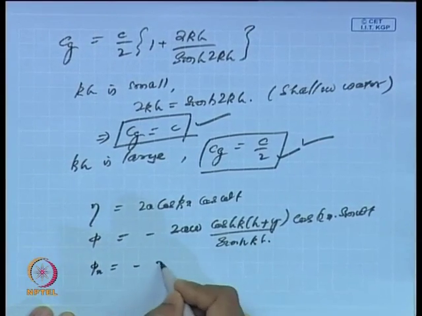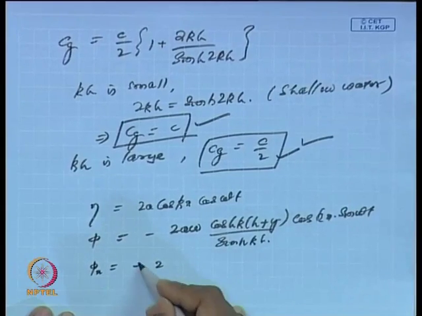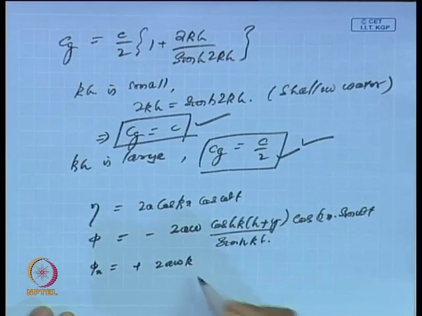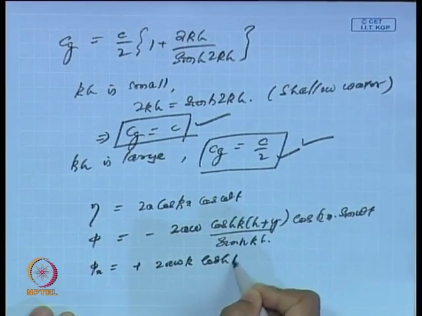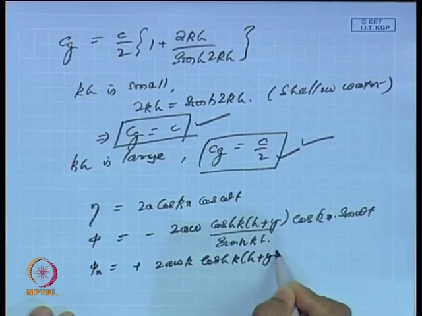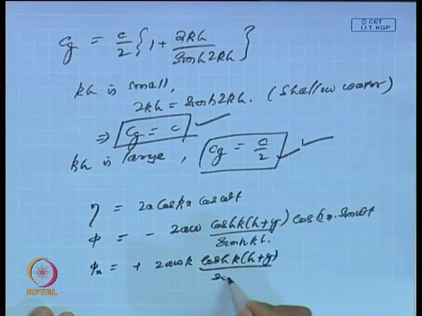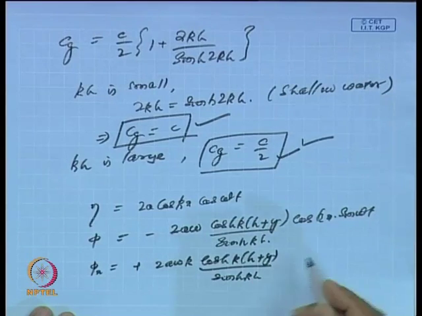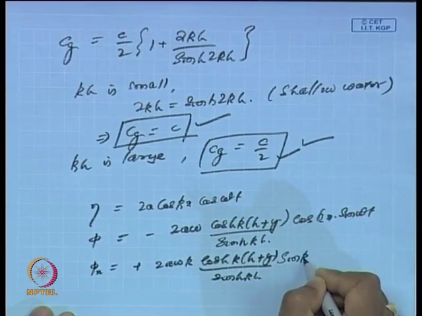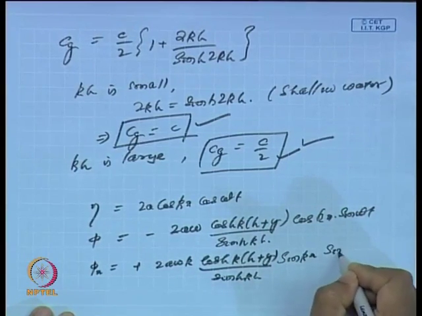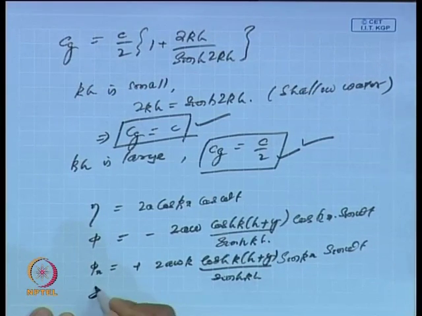Phi x is minus 2, this will be plus 2a omega k. Similarly, what will happen to phi y?